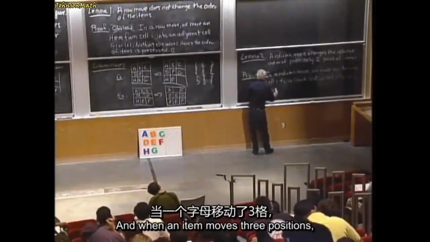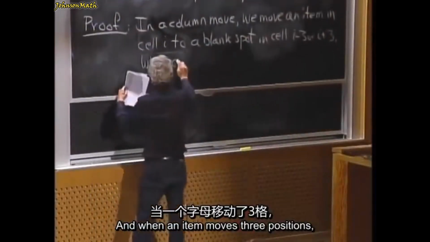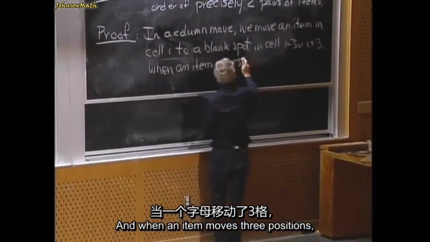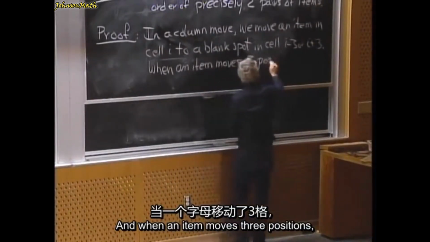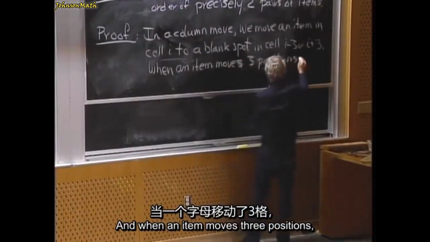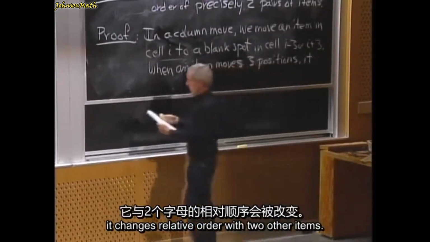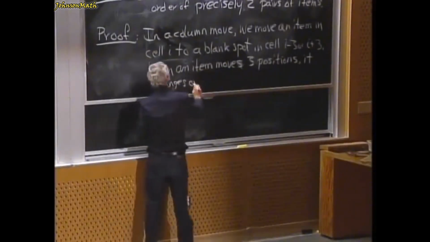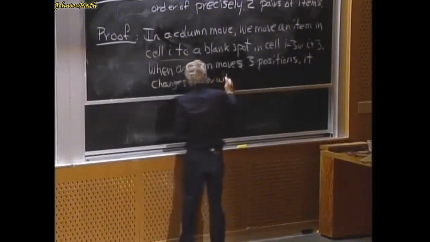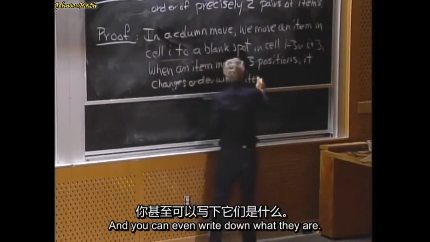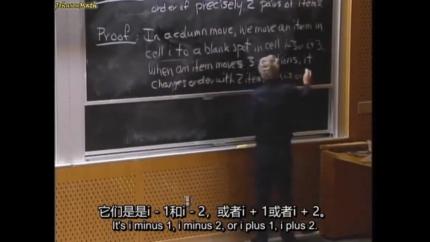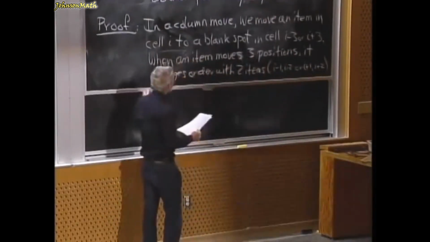And when an item moves 3 positions, it changes relative order with 2 other items. And you can even write down what they are. It's I minus 1, I minus 2, or I plus 1, I plus 2. Those are the guys it changes order with.